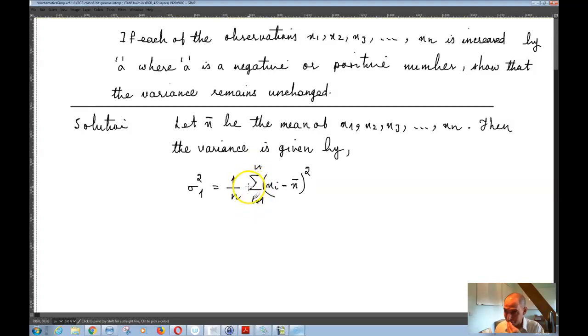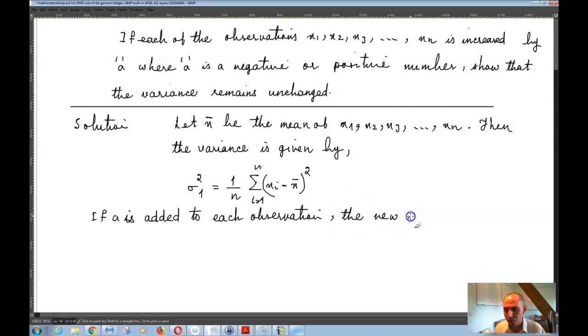Now, if a is added to each observation, the new observations will be y of I, which is equal to x of I plus a.